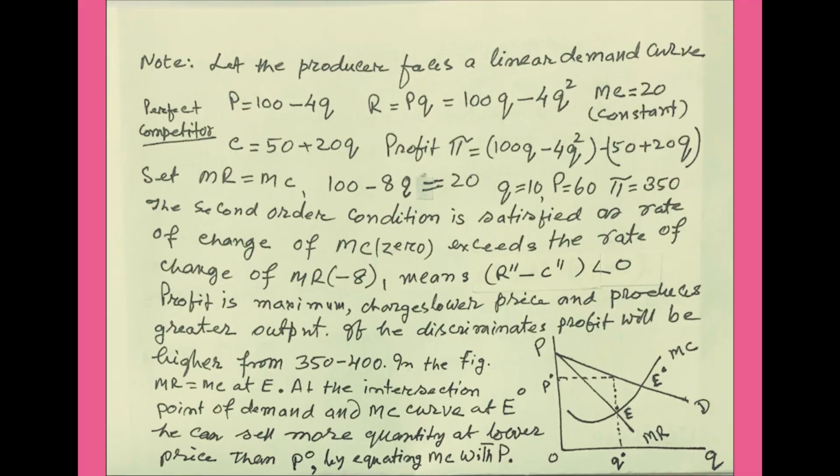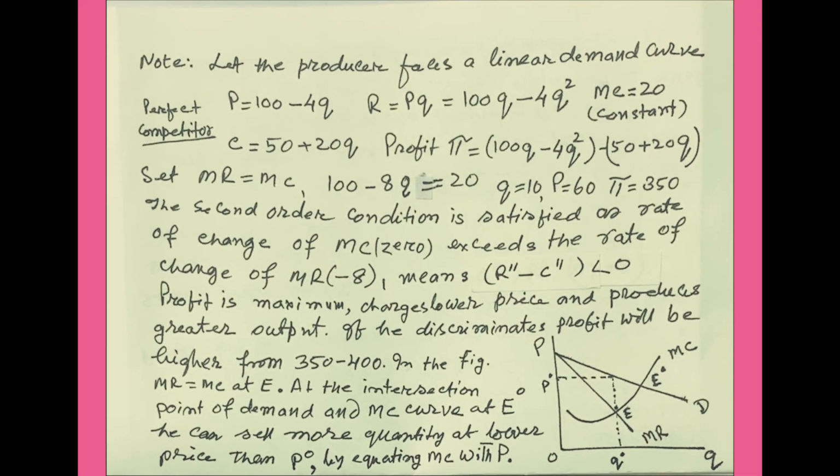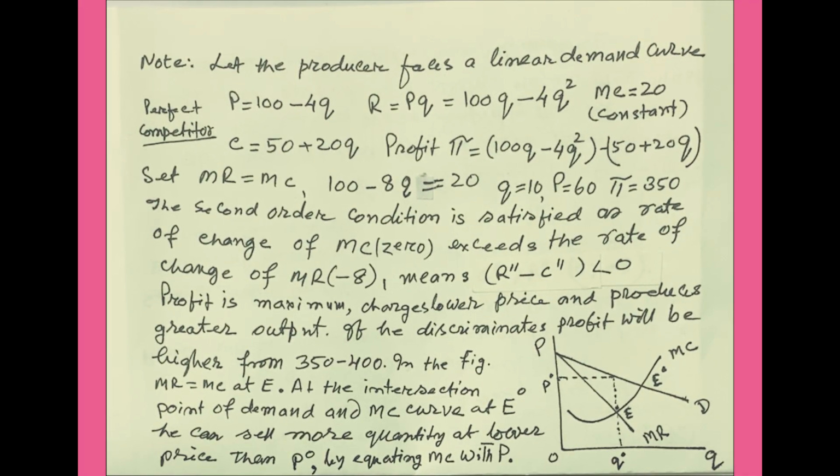Suppose the producer faces a linear demand curve as a perfect competitor, and his demand function is P equals 100 minus 4Q, and total revenue is P into Q, that means Q quantity sold at P price. So there is no discrimination in a single market.